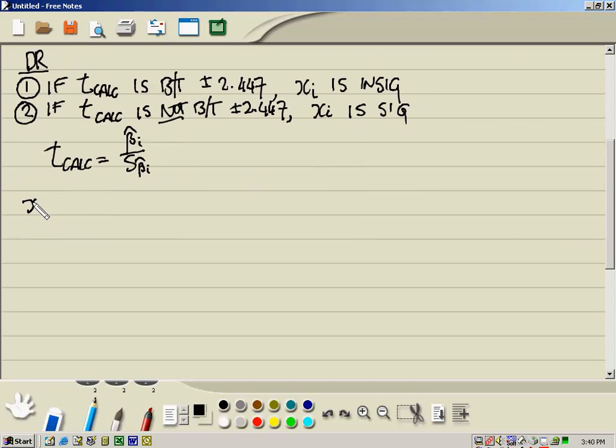Alright, so we have two x's, so we'll do it for each one. So for x1, is it significant or insignificant? It's beta hat 1 divided by S of beta hat 1, and from previously we had that beta hat 1 was a negative 0.00989, and we're going to divide that by the standard error, which we have from above, which is 0.003362.